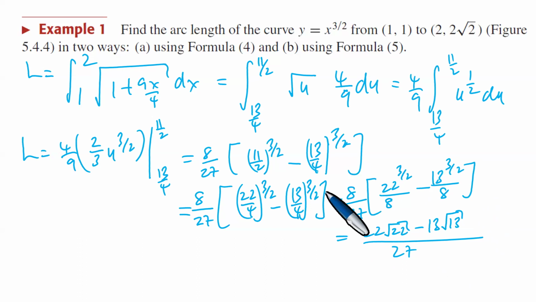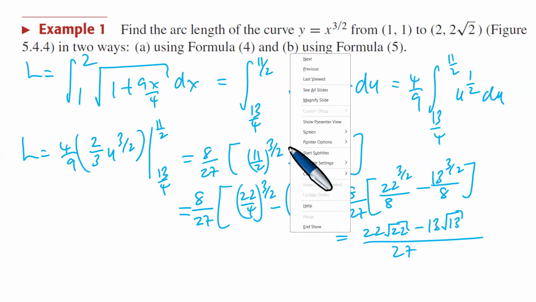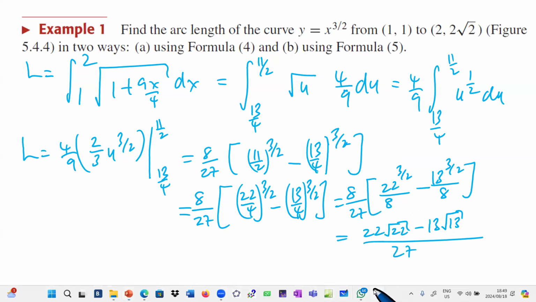Because the 3 over 2 is the same as 1.5, so it's 1 plus 1/2. This is to the power 1, and the square root means that it is to the power 1/2. It's not necessary, but we can show with the calculator that the answer is that.